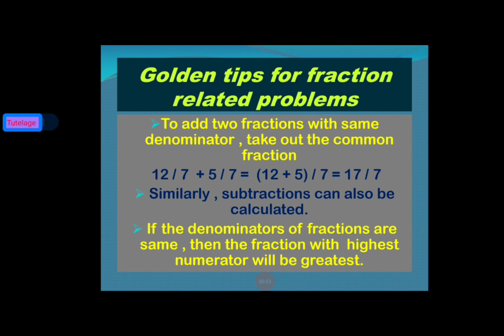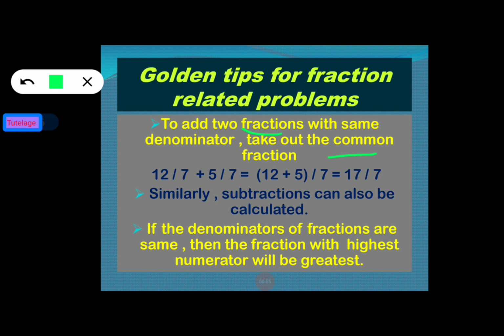So here we can see some more golden tips for fraction related problems. When you are doing fraction related problems, always keep those golden tips in mind. Okay. The next golden tip: to add two fractions with the same denominator, take out the common denominator only.